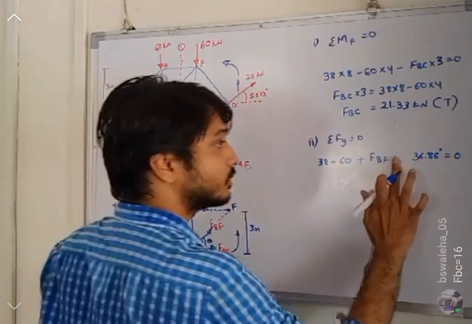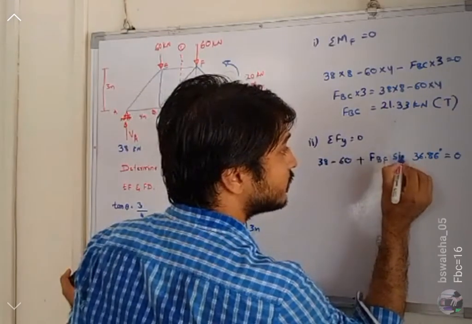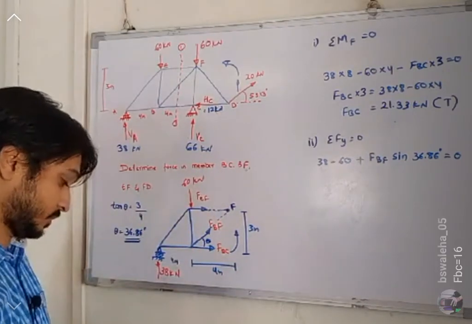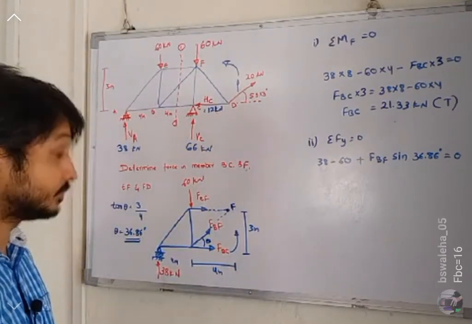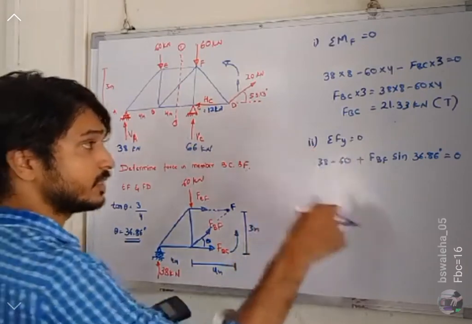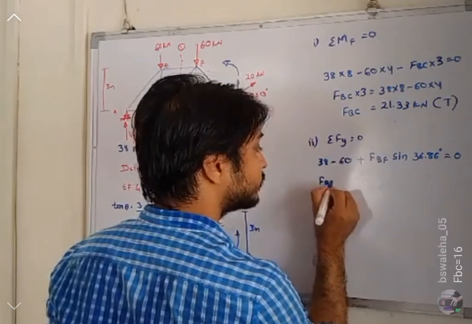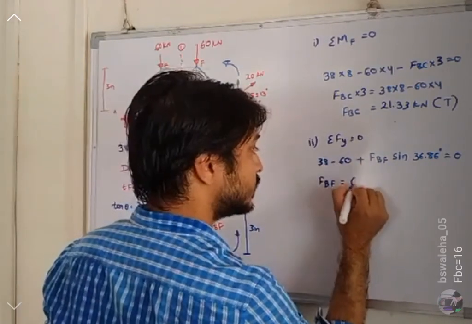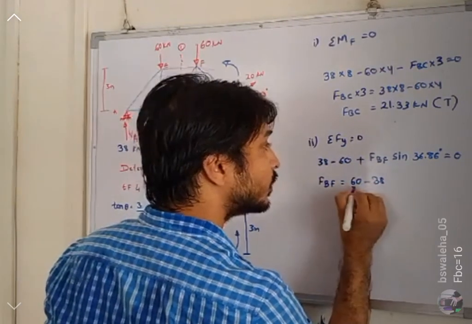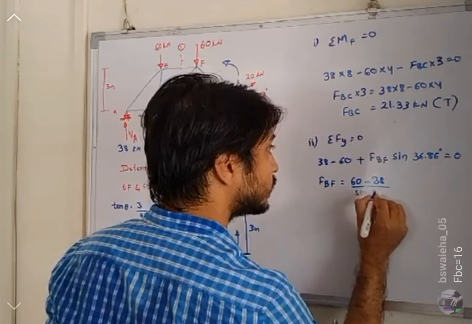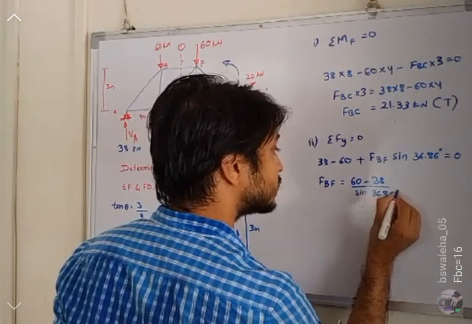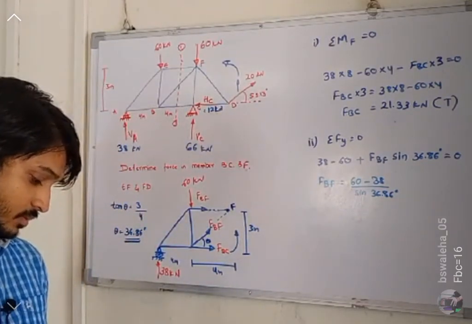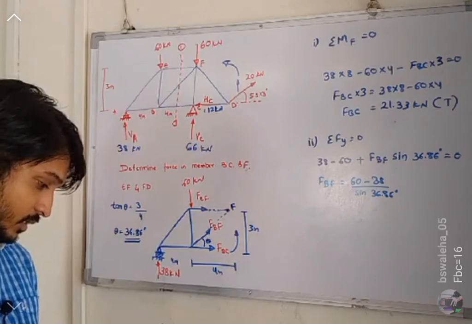Sorry, sine 36.86 degrees. Now if I take this to the other side, FBF is equals to plus 60 minus 38 whole divided by sine of 36.86 degrees.